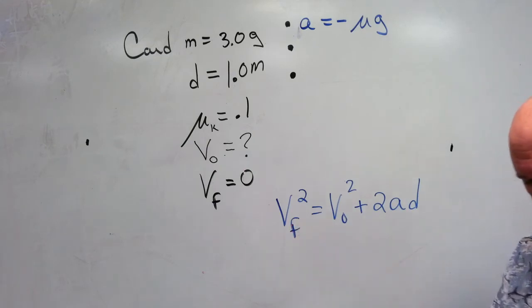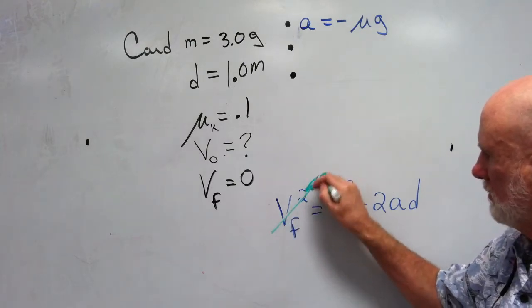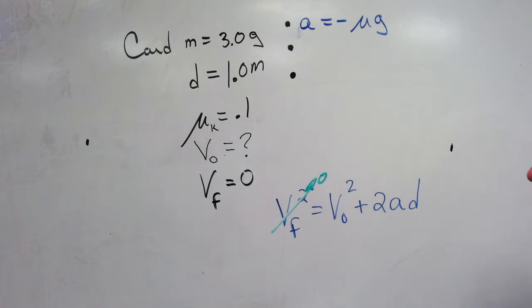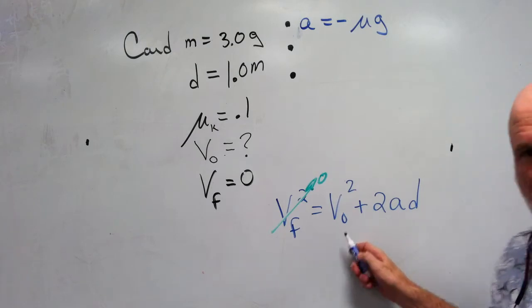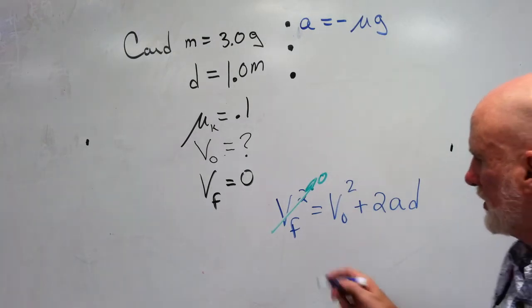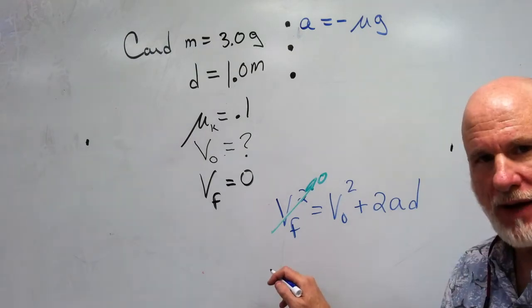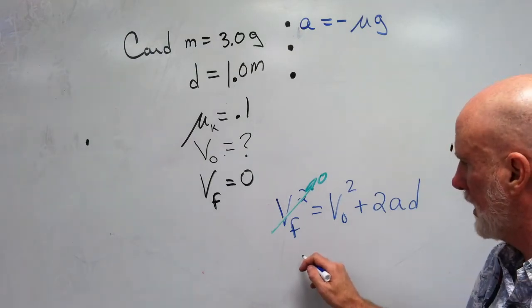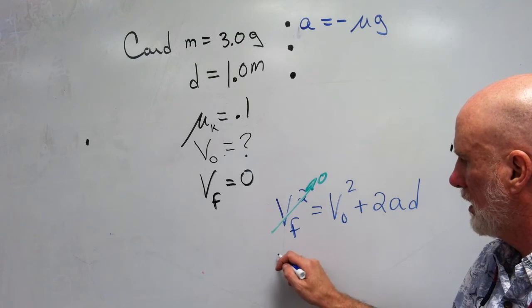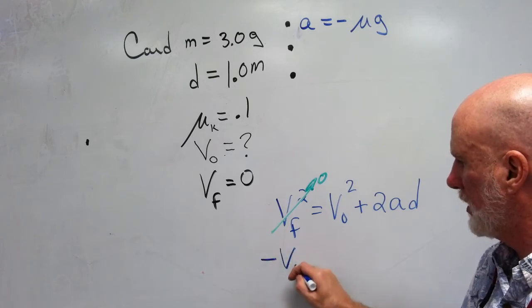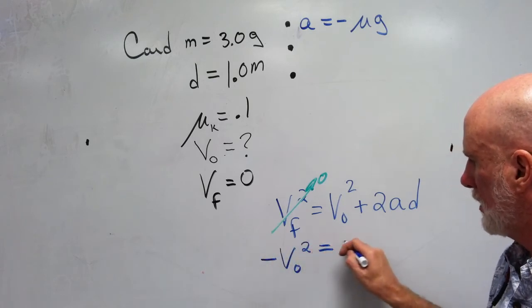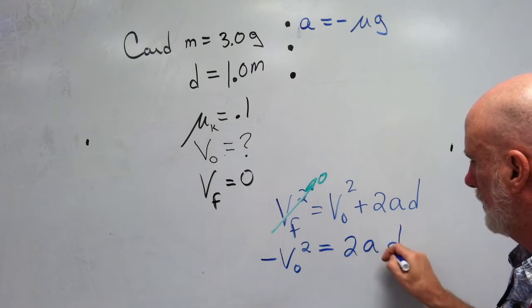Remember my friend Dr. Herzog? This is 0. That's 0. So I'm going to solve for this. Can you follow this? This is going to be negative V naught squared equals 2AD.